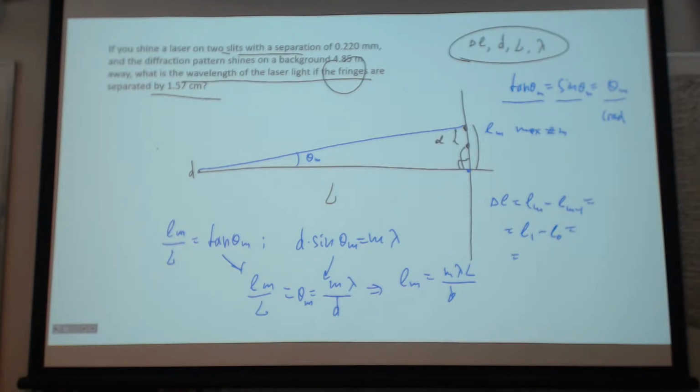So this is what I want you to finish. Calculate this distance to the nth maximum, number m, and then you need to subtract the distance from the central maximum to the previous one, and get the equation.